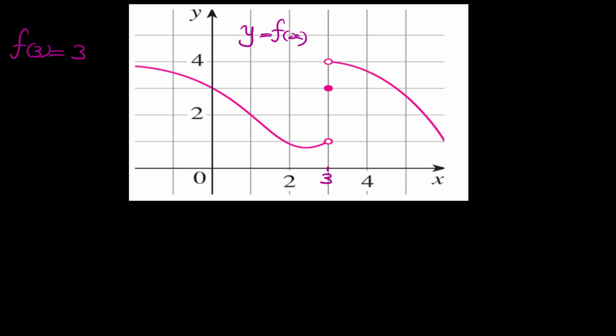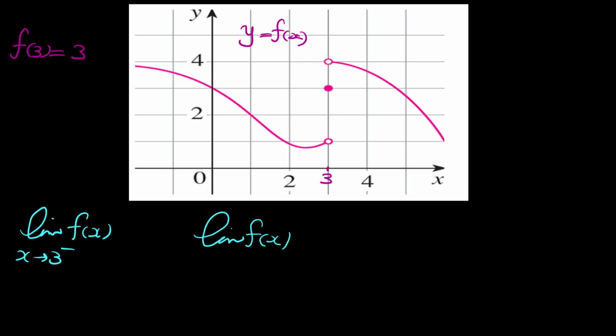Now, what is the limit of this function? When x approaches 3 from the left, what is the limit of this function? When x approaches 3 from the right, what is the limit?